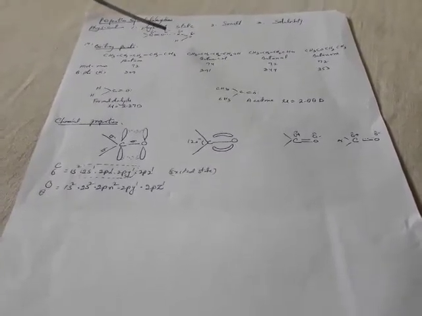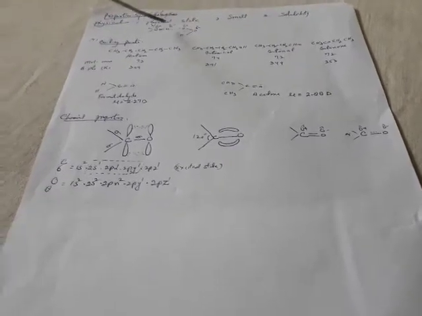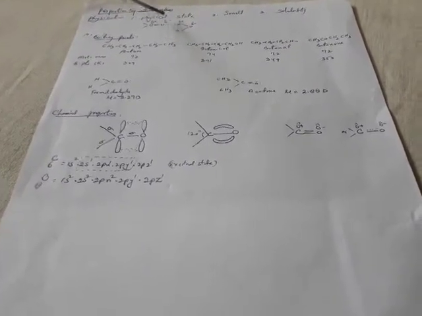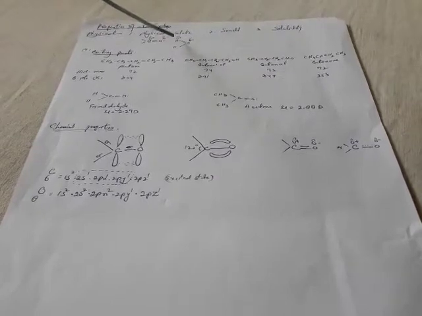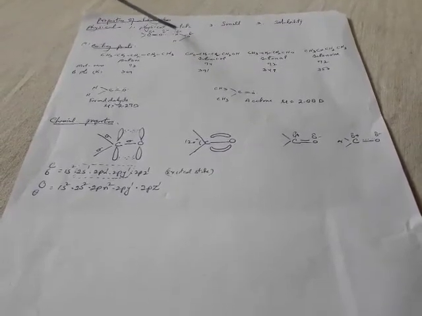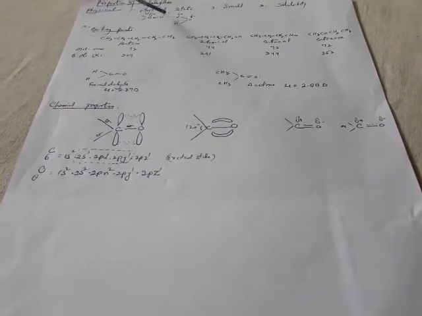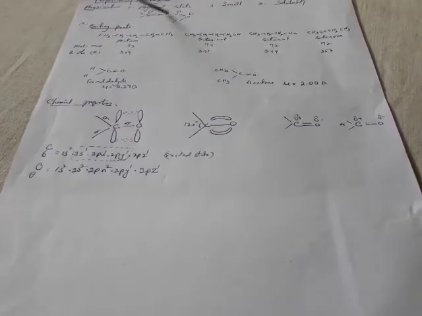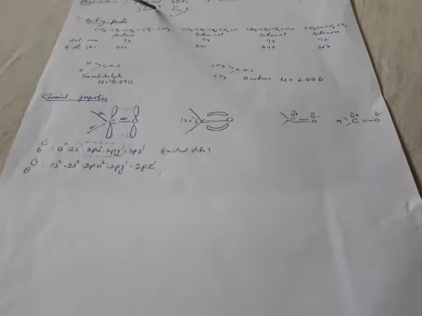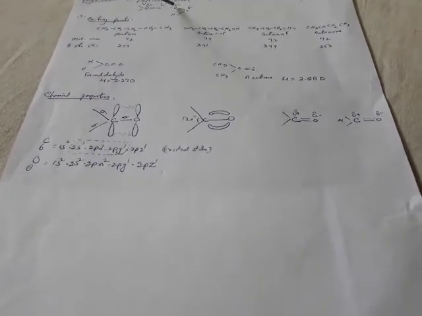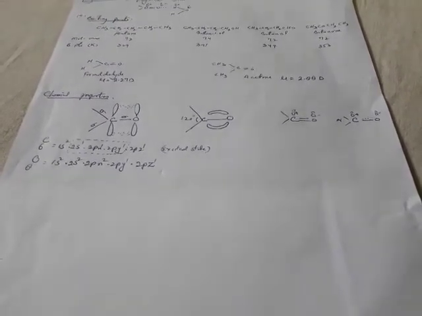As a result, the negatively charged oxygen atom is attracted towards the positively charged hydrogen atom of the water molecule through hydrogen bonding. You can see here the hydrogen bond that exists between the oxygen of the carbonyl and the hydrogen of the water molecule. This is because of the polarized nature of the carbonyl group.